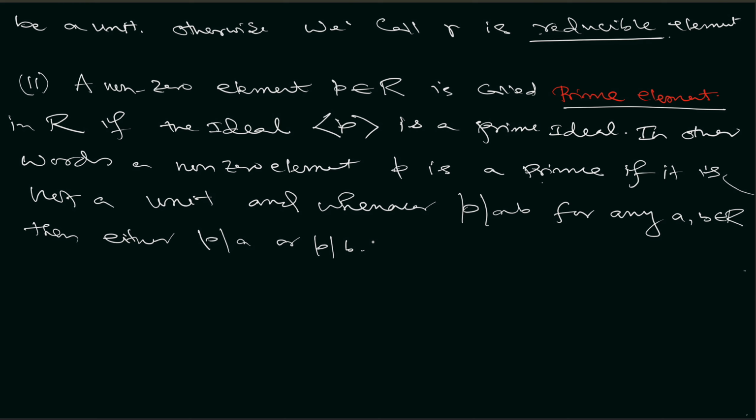Then we say this p is a prime element. The definition of prime element and irreducible element is clear, right?